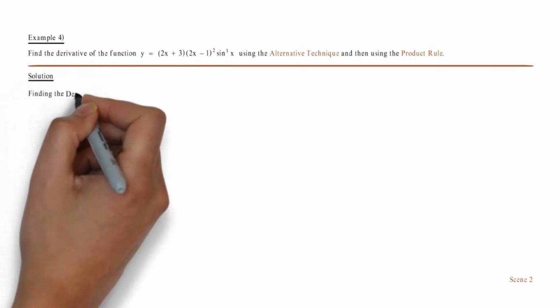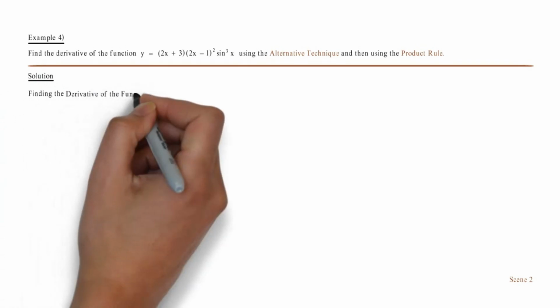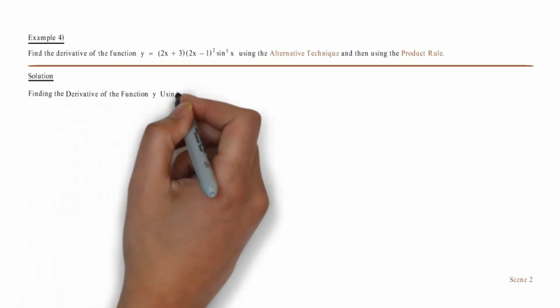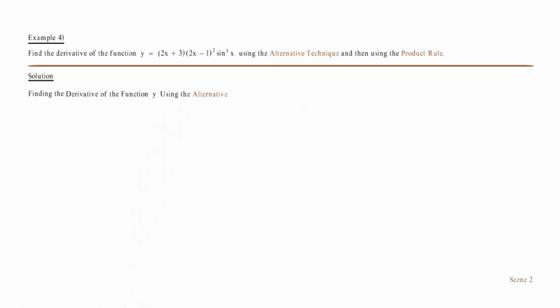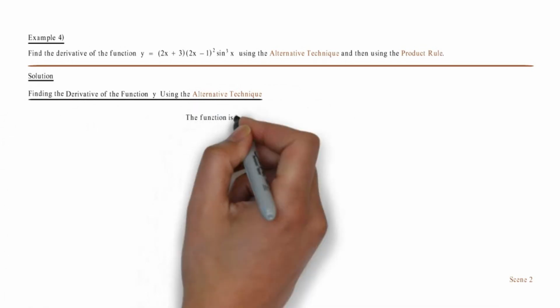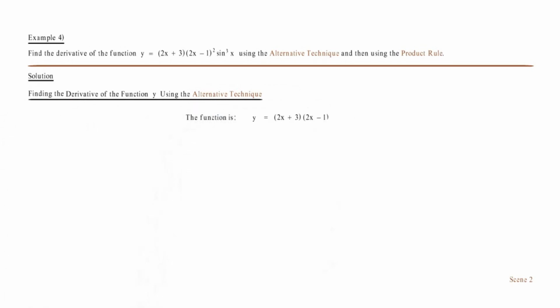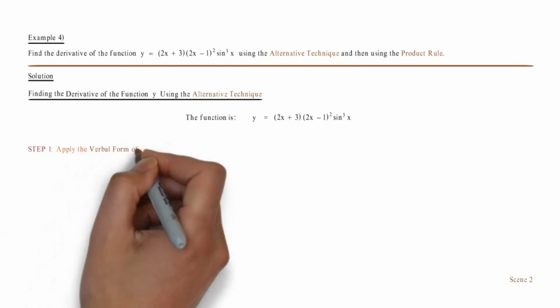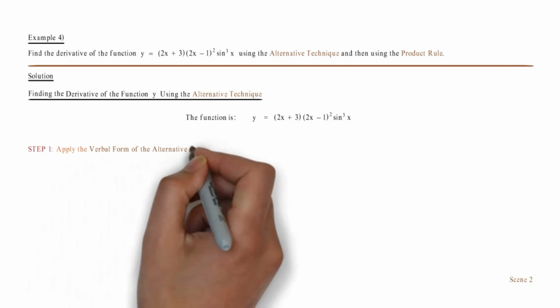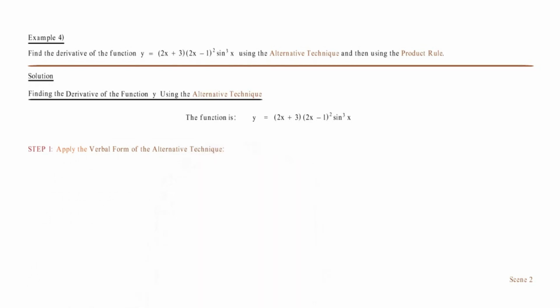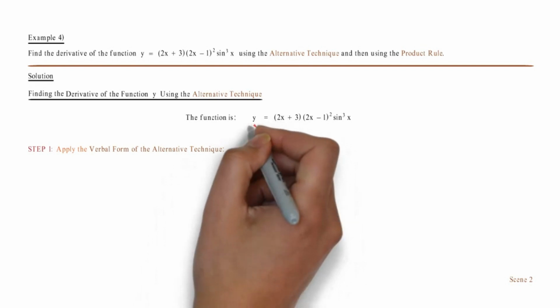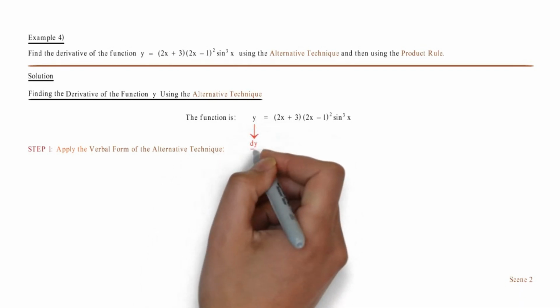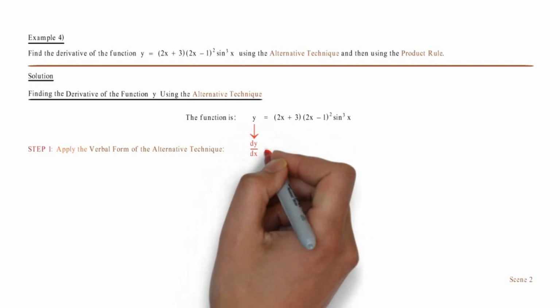Finding the derivative of the function y using the alternative technique. The function is y equals (2x plus 3) times (2x minus 1) all squared, times sine cubed of x. Step 1. Apply the verbal form of the alternative technique. The derivative of y is dy by dx equals y times the derivative of ln of y.